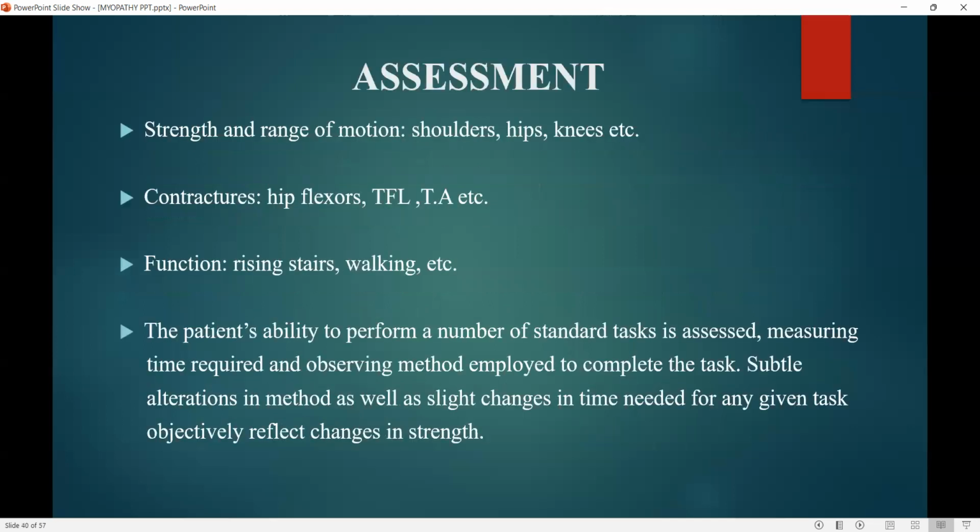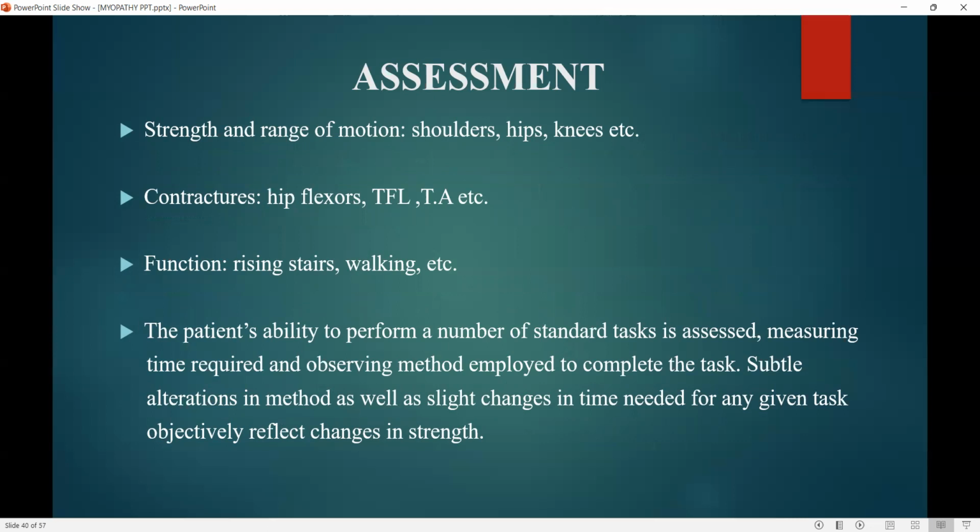Now comes the assessment. First, strength and range of motion: shoulders, hips, knees, etc. Contracture: hip flexor, TFL and TA. What is TFL and TA? Tensor fasciae latae and the tibialis anterior.